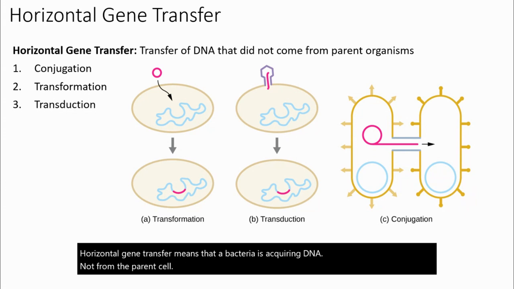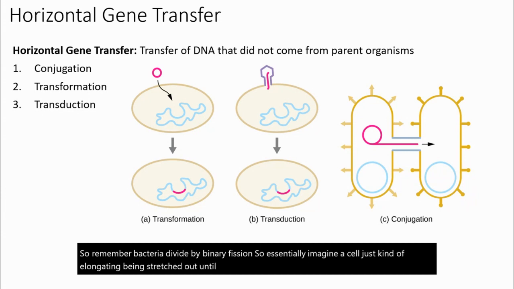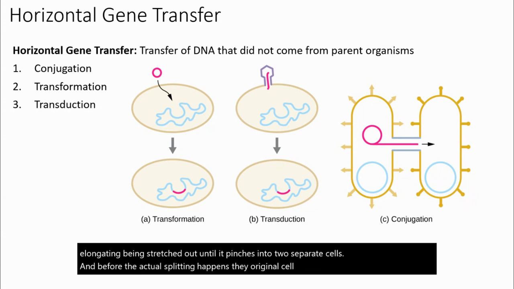So remember, bacteria divide by binary fission. Essentially, imagine a cell just kind of elongating, being stretched out until it pinches into two separate cells. And before the actual splitting happens, the original cell must copy its DNA.